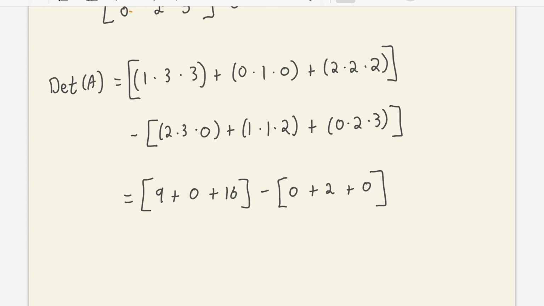And then once we add those up, we will get 17 minus 2, which is 15. So that is the determinant of our 3 by 3 matrix A.